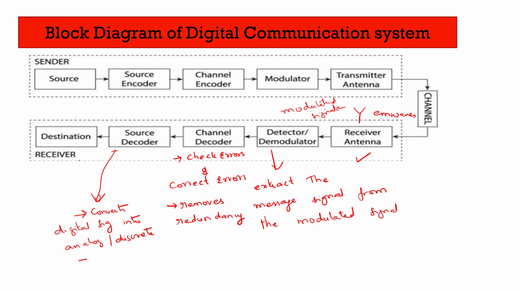And then the signal is given to the destination, or here we can also say an output transducer. So here we may get the audio, video or text, whatever we have transmitted, we try to get at the receiver destination end.